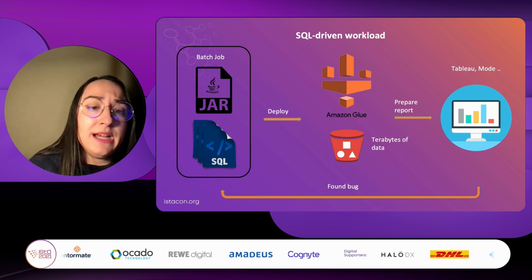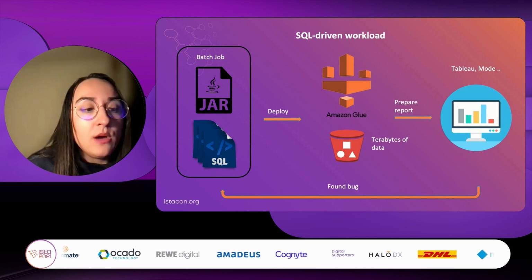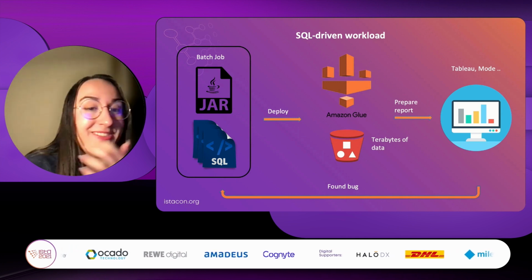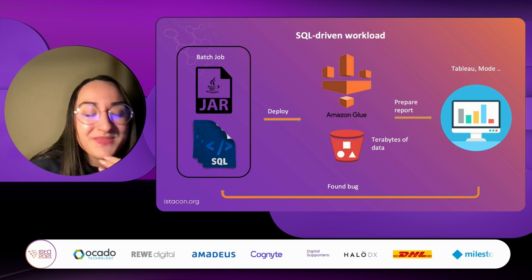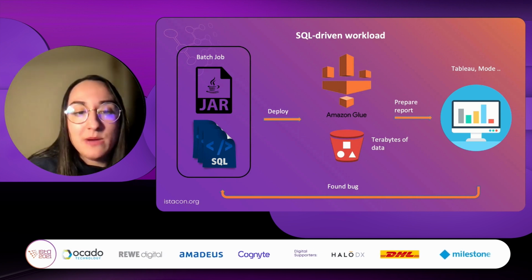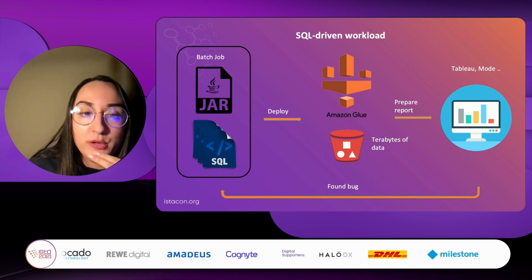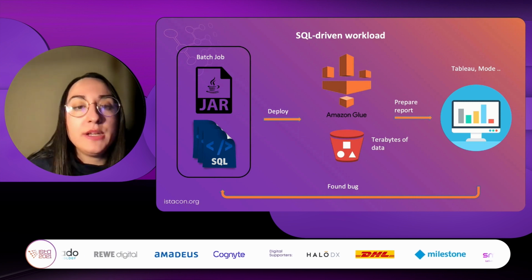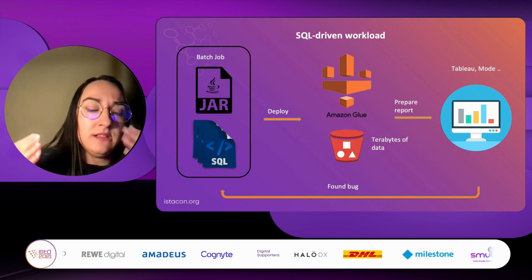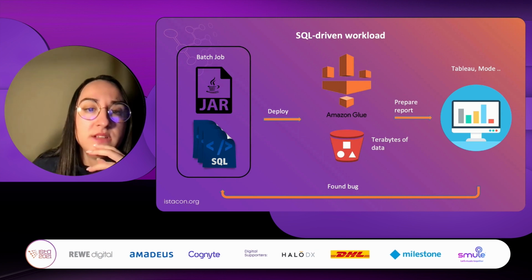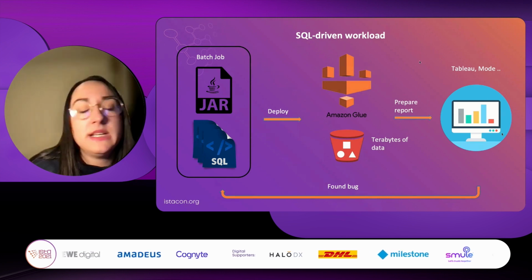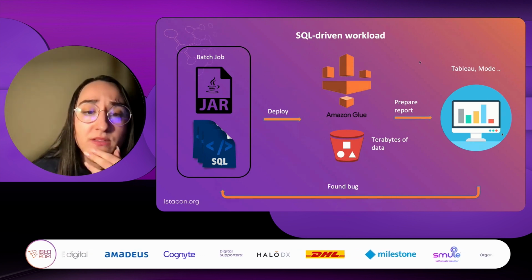And because in the cloud we pay for the processing, we are going to have additional costs for that. Anyway, our job is going to prepare a report at the end, and we are going to expose the results in a dashboard, in a BI tool, like Tableau, Mode, or whatever.